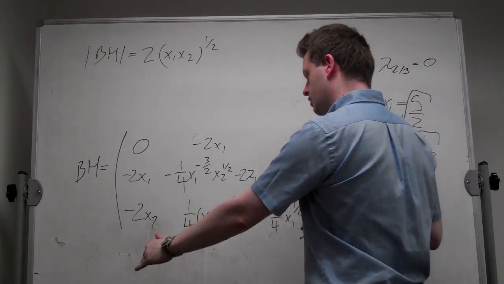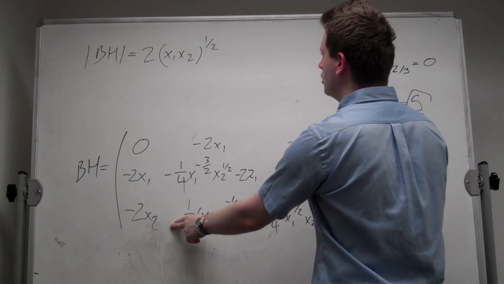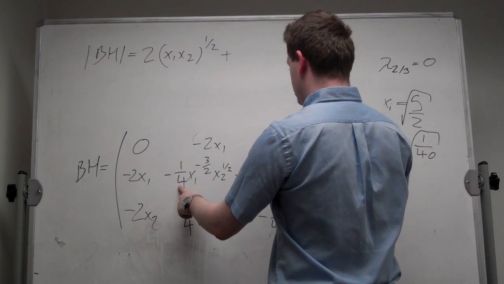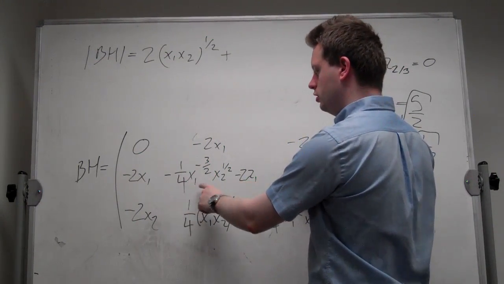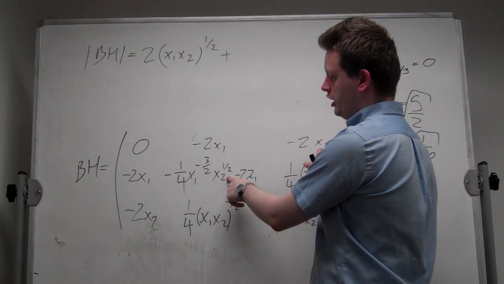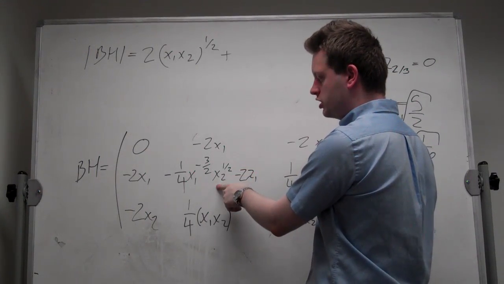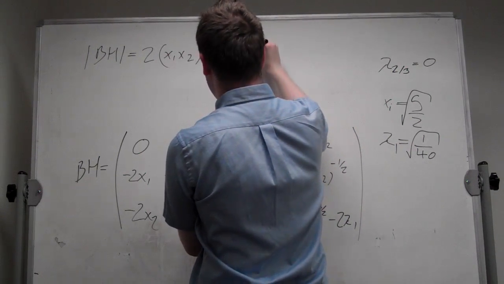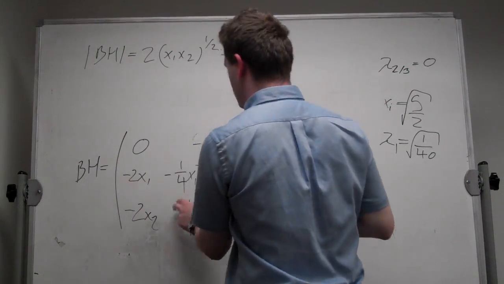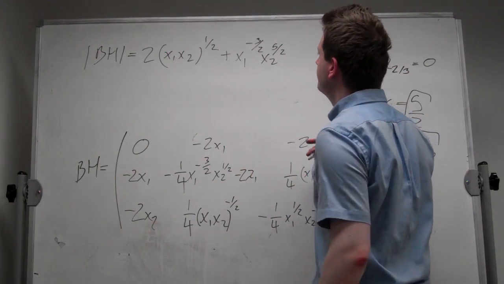Next term is the negative terms. So let's start with the diagonal. So we have the same here. And we have 3 minus signs, so it becomes plus. The 2's cancel again. So that's gone. Then we have x2 squared times x2 square root. So we can rewrite that as x2 to the 5 halves. So we're left with x1 to the minus 3 halves, x2 to the 5 halves, right? 2 plus 1 half is 5 halves.